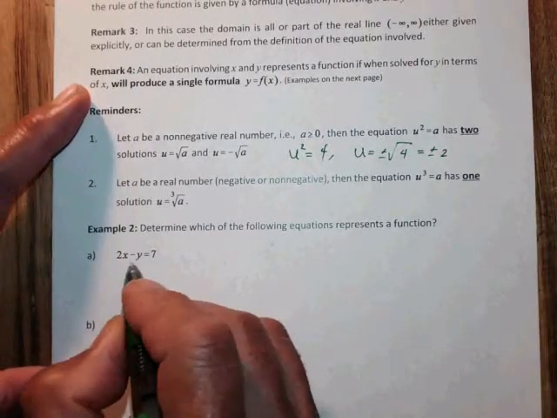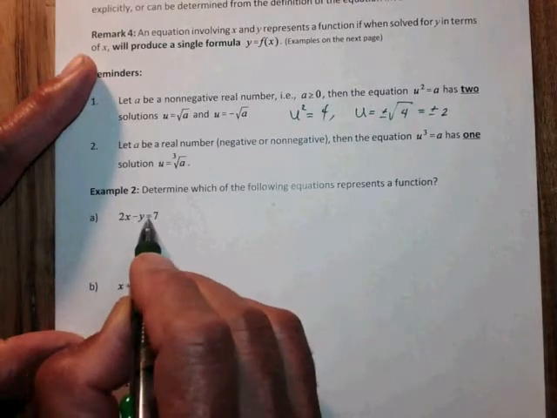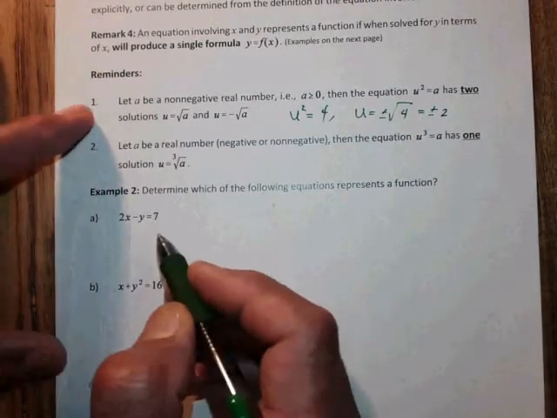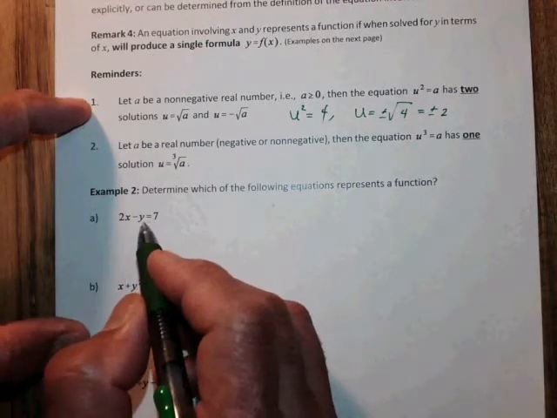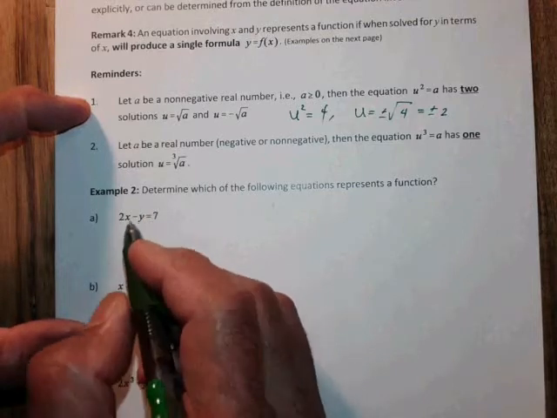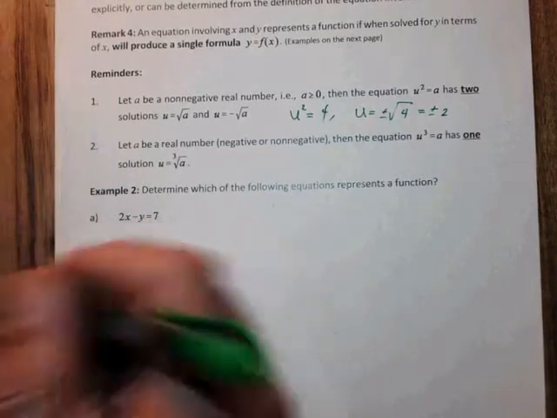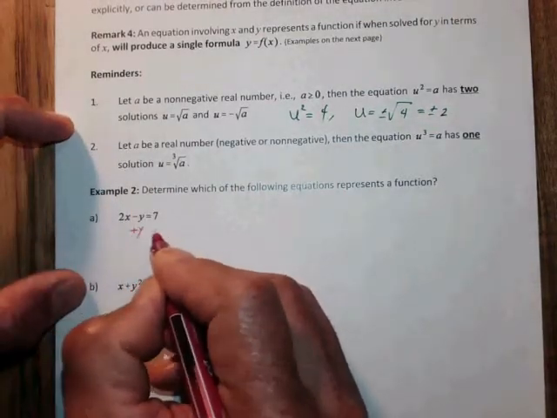So let's see how this idea plays out in our examples. We have one equation here, 2x minus y equal to 7. We want to see whether this relation between x and y represents a function. So what we do, we solve this equation for y. Because y is negative, I add y to both sides.